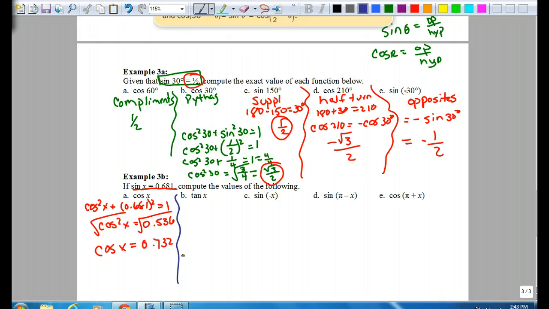Okay. And is the next one Pythagorean too? Nope, next one's tan. How do you find tan again? Sine over cosine. So would it be 0.681 over 0.732? Yep. What does that equal? I got 0.930.